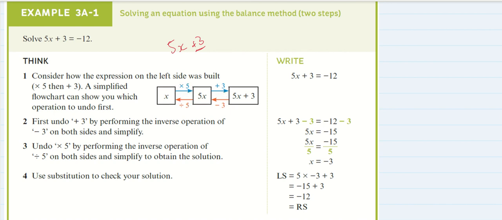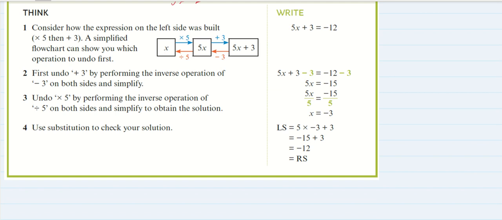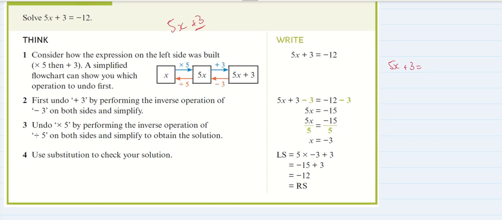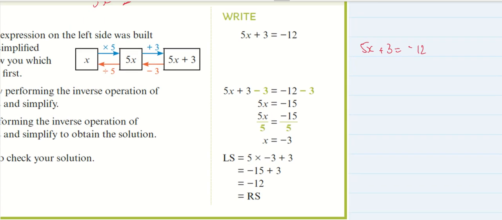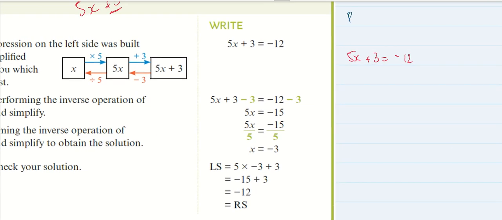Okay, so if I were to do this using the balance method, I would write out 5x plus 3 equals, what did we say it was? Negative 12. Let's use a different colour as well. So I want to just think of BIDMAS, but I'm going to work it backwards.